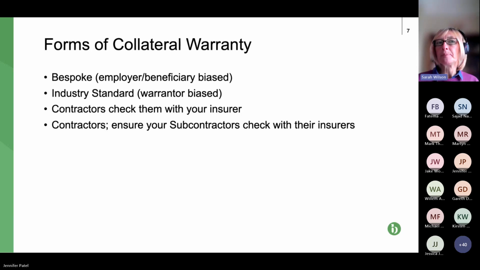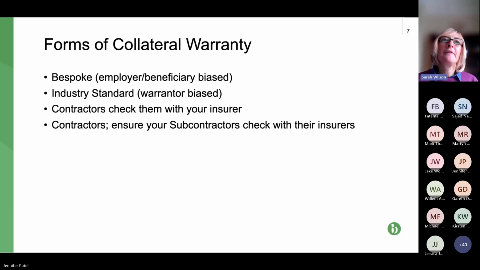What we find is that if an insurer is saying, "Oh, this clause is unacceptable for our policy," that is more likely to persuade an employer, client or developer to amend the term, rather than a contractor or subcontractor saying, "I don't like this clause; it's not acceptable."